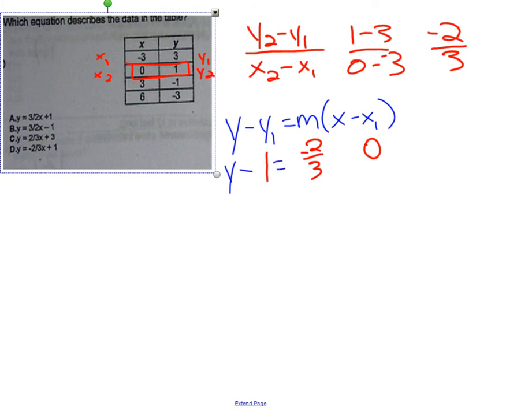Everything else we just copy down. So nothing to simplify over here. y minus 1. If we distribute on this side, negative 2/3 times x is just negative 2/3 x. Anything times 0 is just 0. That goes away. So last thing we have to do, just add 1.